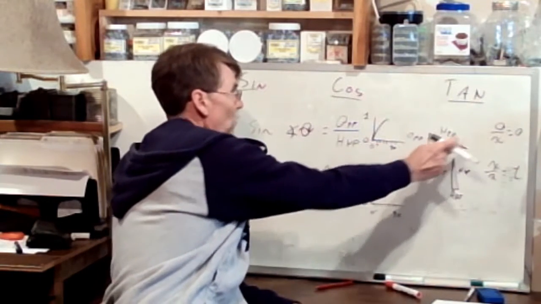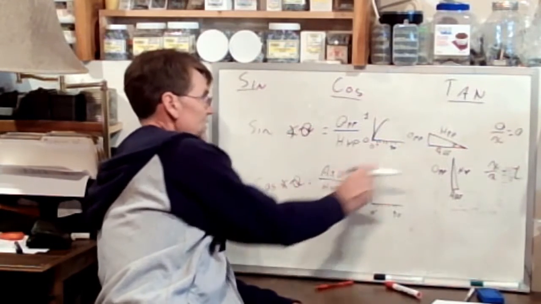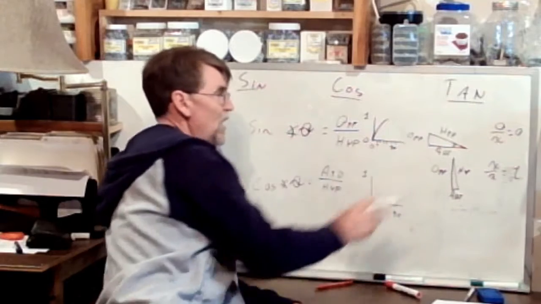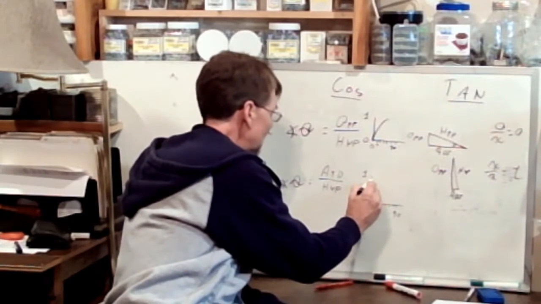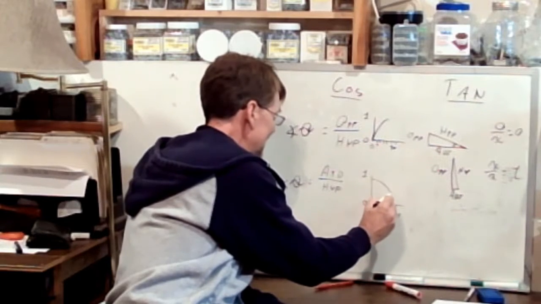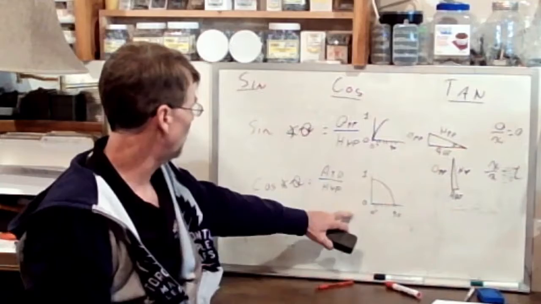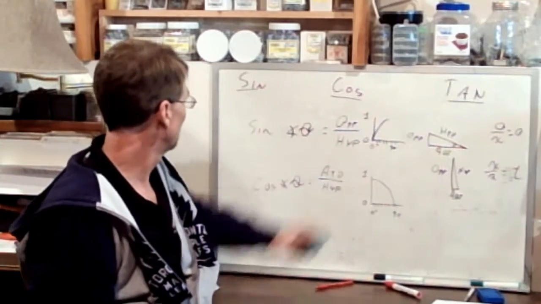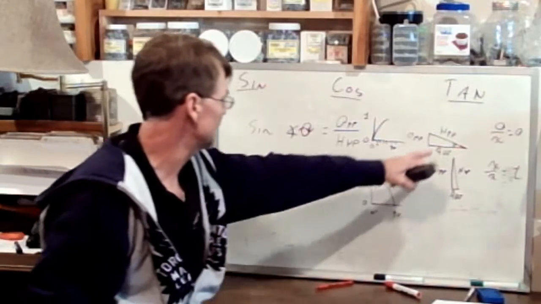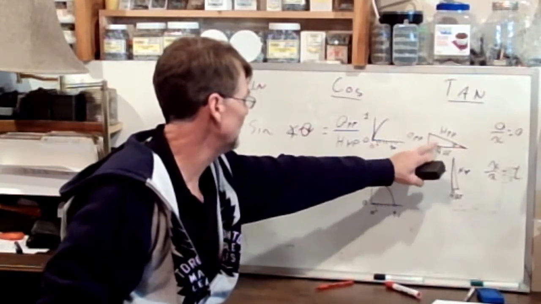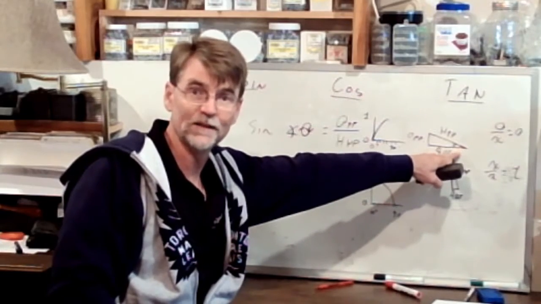Cos begins at 1. The adjacent over the hypotenuse, those lines are the same length when the angle is 0. So it starts here, and at 90 degrees is when it drops down to 0. Always a number between 1 and 0. So that's what the sine and the cos functions are doing for us: they're looking at the relationship between a couple of sides based on the angle and what that angle is.